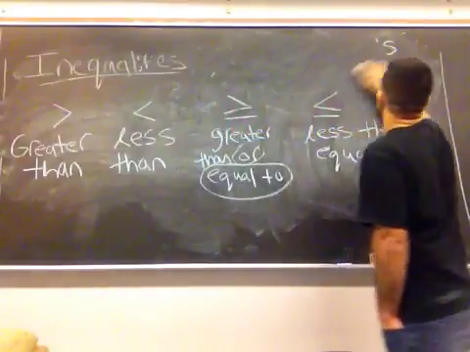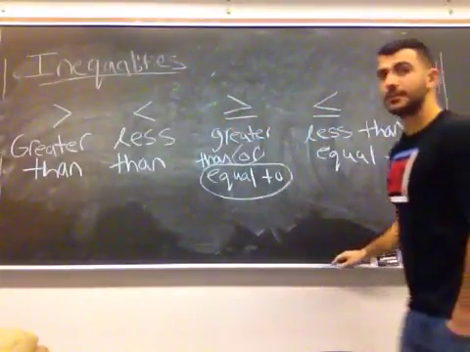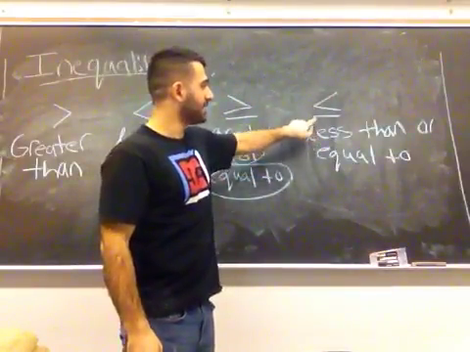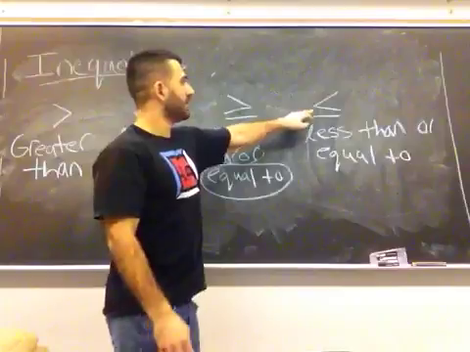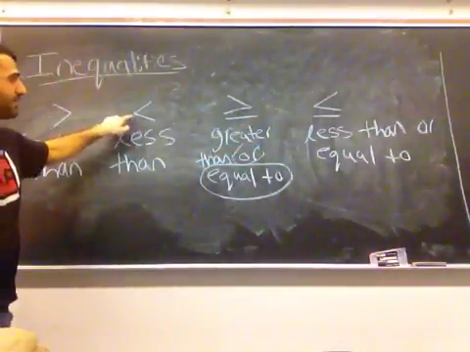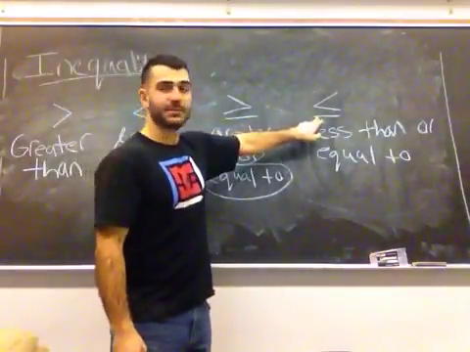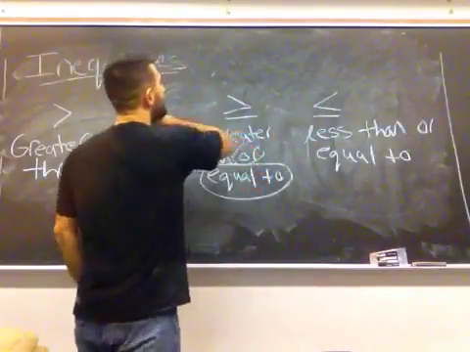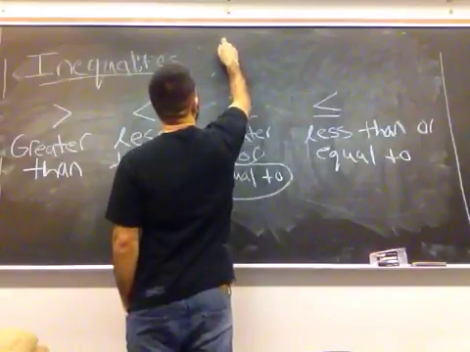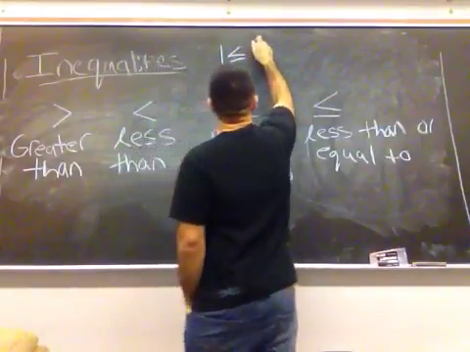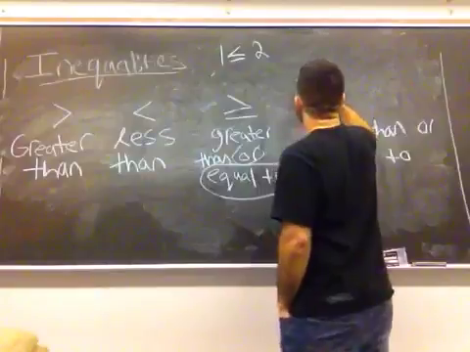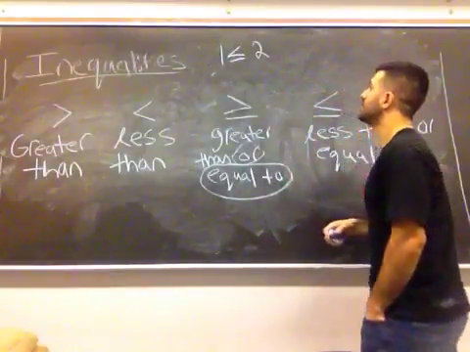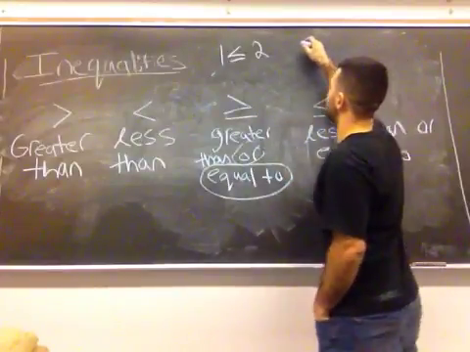Similarly, let's do less than or equal to. Remember, it's less than because it's the same symbol reading left to right, and it also has the line. Anytime the line occurs, that means "or equal to." Let's do an example. Is 1 less than or equal to 2? Remember, there are 2 parts, so let's break it down.